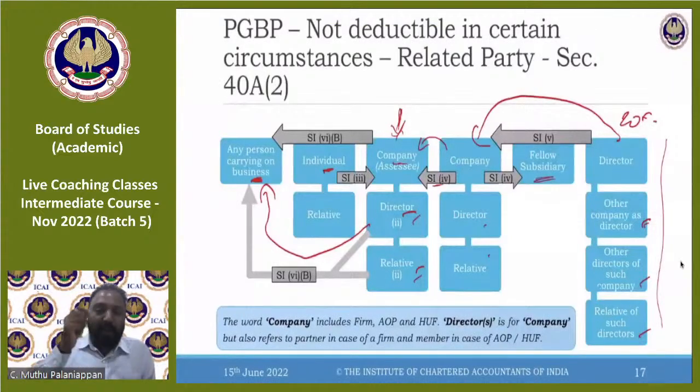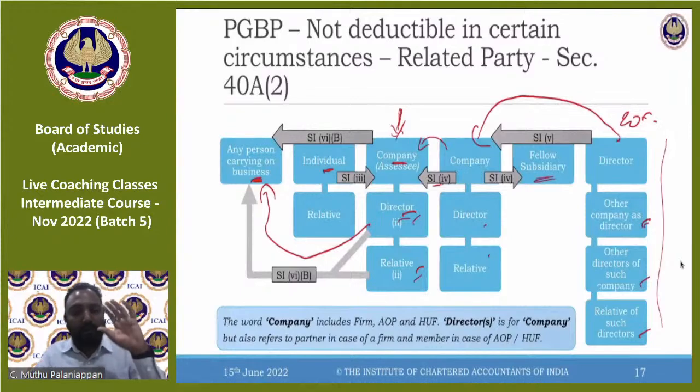Now a small additional tip. Here I've said company, and I've said director. Now, if you wanted to understand this from a partnership firm angle, you can replace this company with partnership firm. You can replace this director with partner. Please understand, this diagram is common for company, partnership firm, everyone.